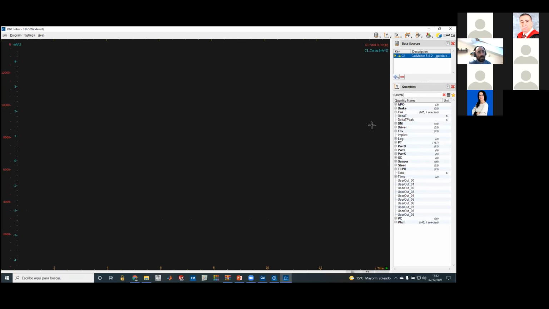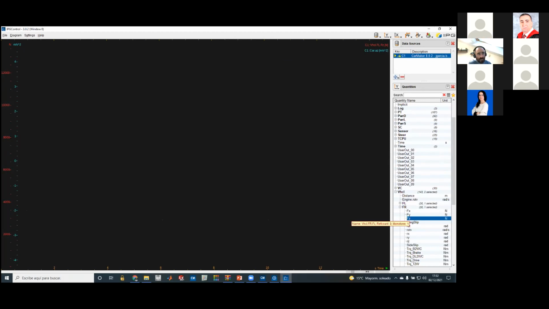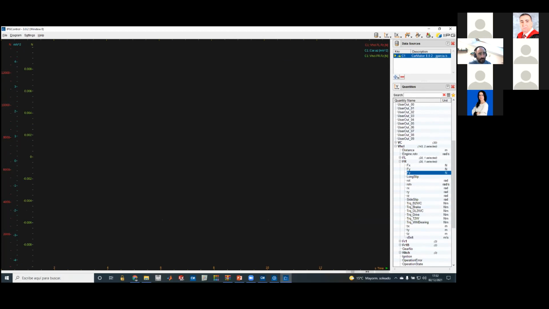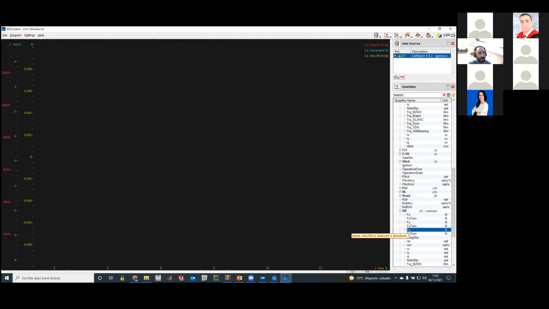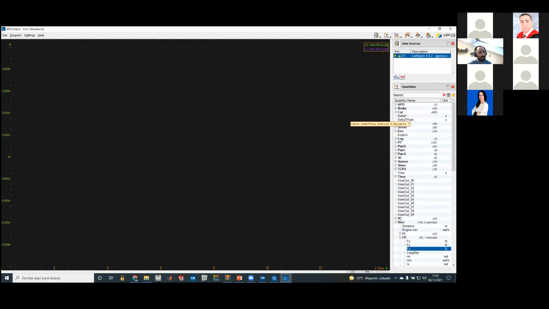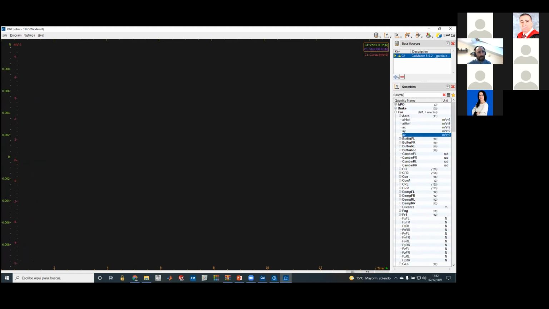For example, I can look for the vertical forces in the front right wheel, the vertical forces in the rear right wheel, and for example, the vertical acceleration of the car.